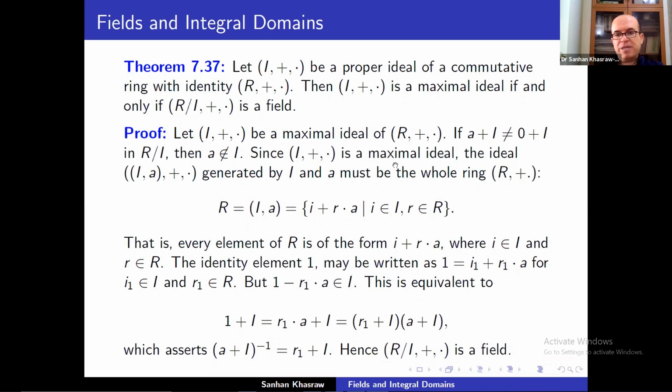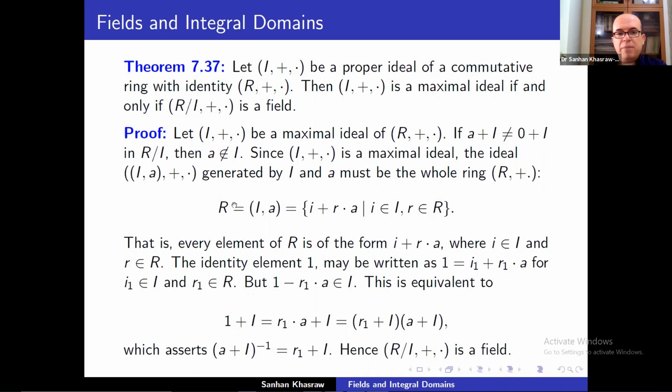Since our ideal is maximal, I will consider the ideal generated by I and a single element A. One can see that I is a subset of the ideal generated by I and A. Since it's a proper subset, the ideal generated by I and A should be the whole ring, because I is maximal.